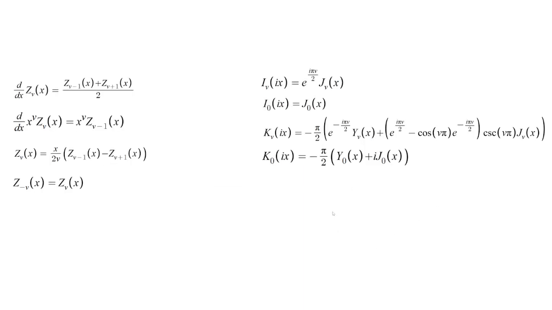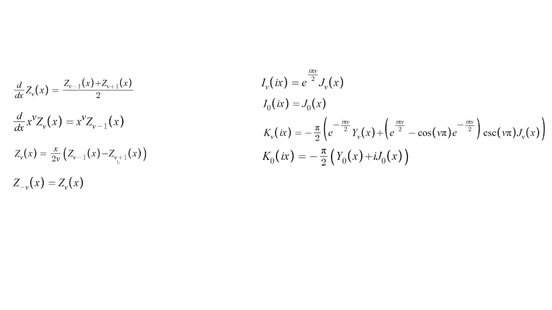Okay, next up, once again, some basic properties. So z sub v means any modified Bessel function. You have a very similar derivative definition, except instead of a minus sign right here, it's a plus sign. And then right here, you have the same exact derivative property.